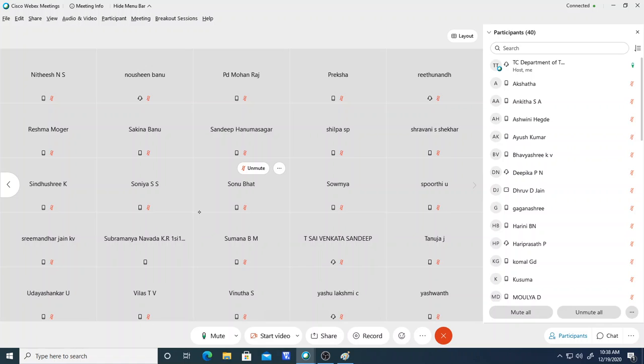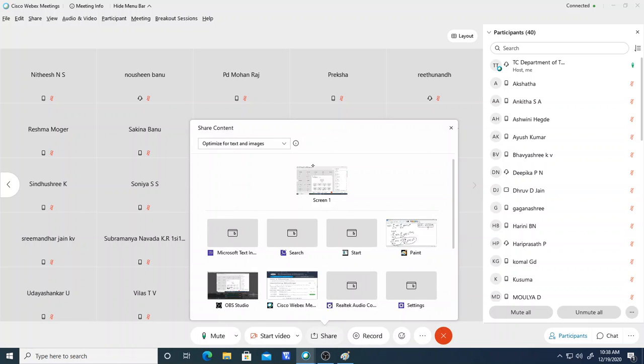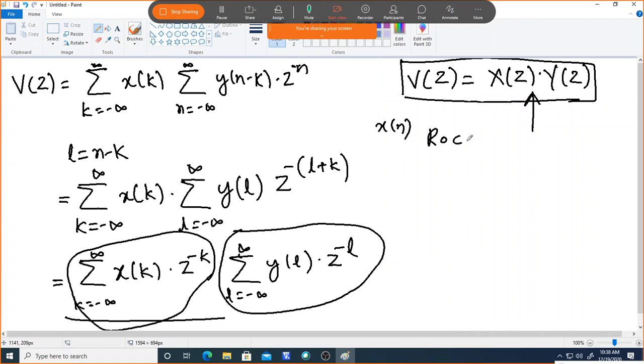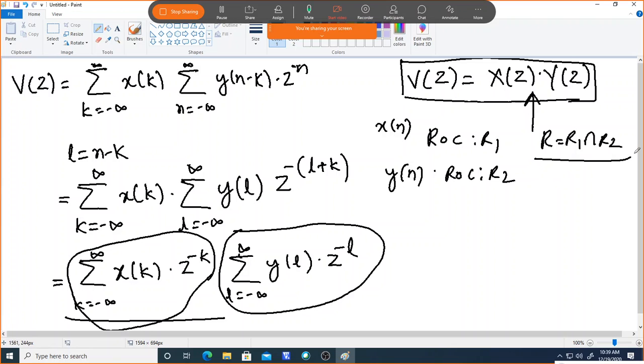Okay. So again here the ROC, whatever we discussed for the convolution property. If we have x of n which has ROC R1 and y of n which has ROC R2, then the ROC of the Z transform will be the intersection of these two, R1 intersection R2.